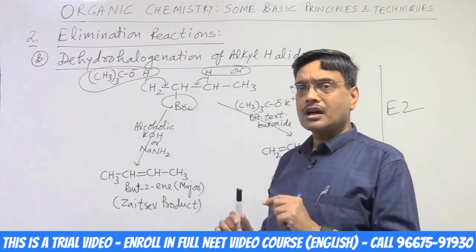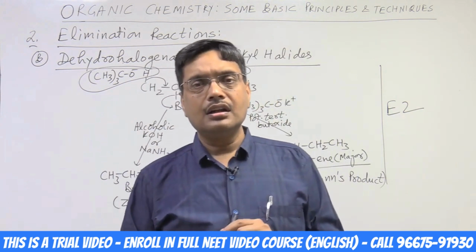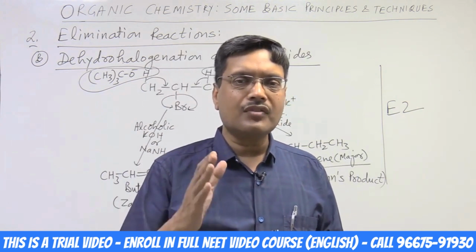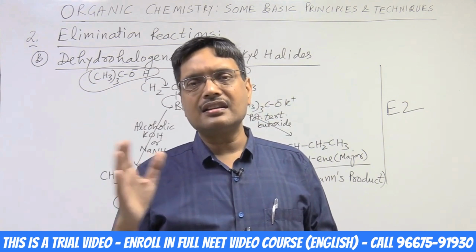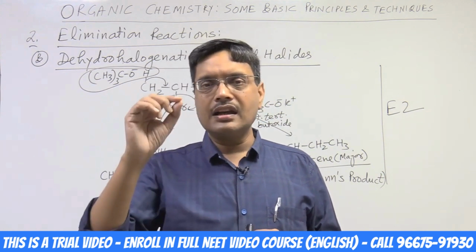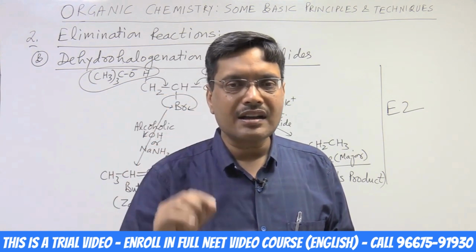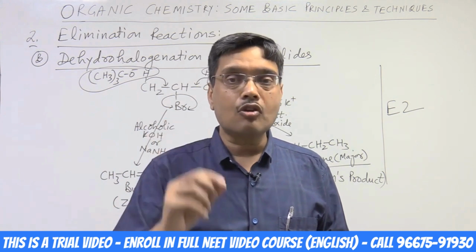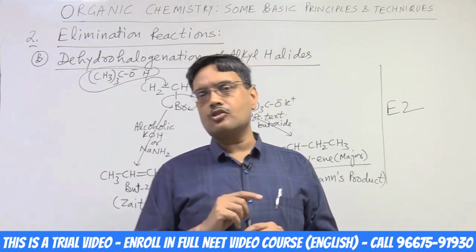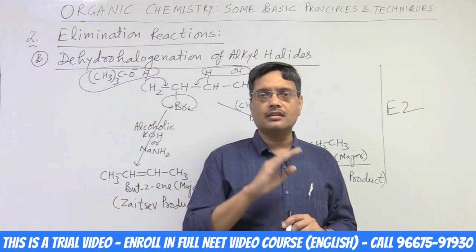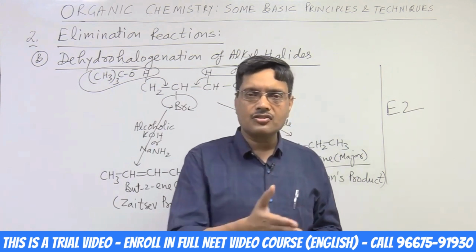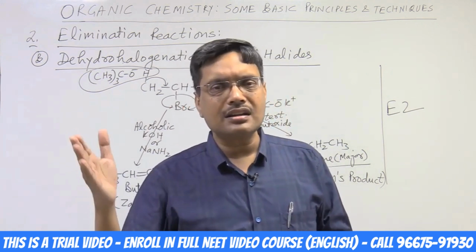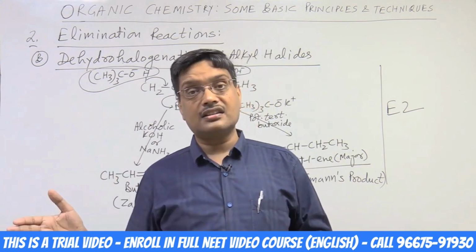According to the conjugate acid-base theory, stronger acid has weaker conjugate base, weaker acid has stronger conjugate base. And in HF, HCl, HBr and HI, HI is the strongest acid, HF is the weakest acid. Order of acidity is HI is greater than HBr, greater than HCl, greater than HF.